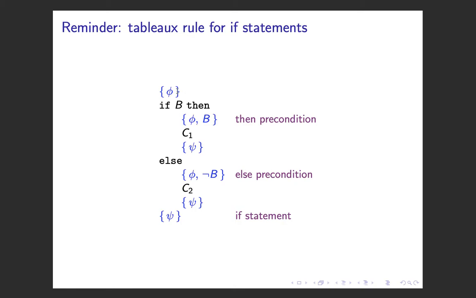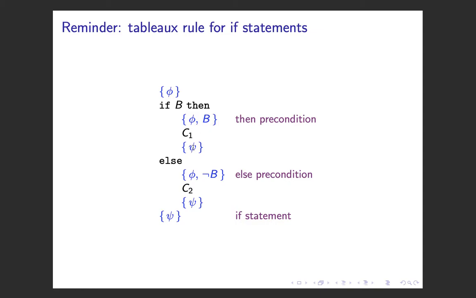What we know is that phi holds in the starting state, and so suppose the Boolean expression evaluates to true, then we know that phi still holds because we haven't changed the state, but also the Boolean expression is true. So in that case we'll execute C1.